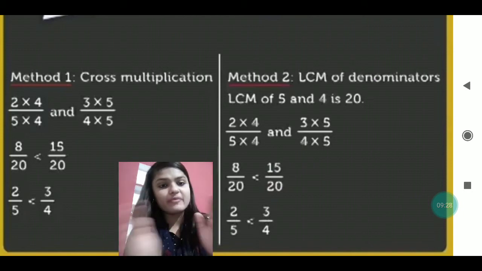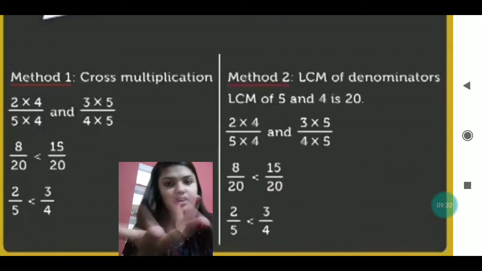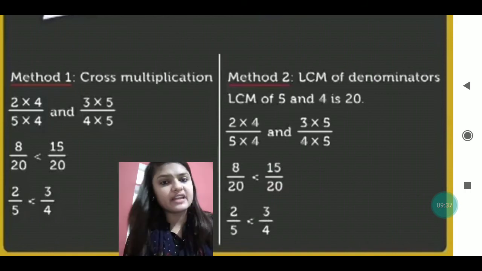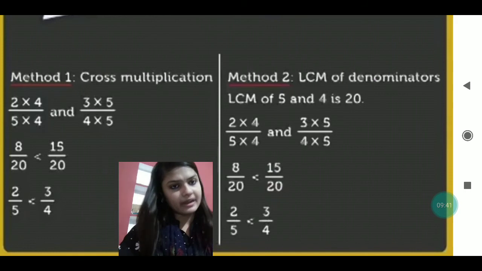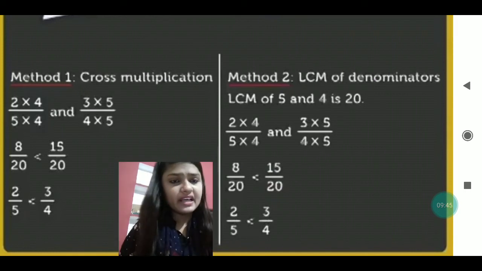So I have made a common denominator. Now I only have to compare the numerators. Which one is greater, 8 or 15? 15 is greater. So in that case 3 by 4 is greater. In the same way, in the second method, 2 by 5 is written.